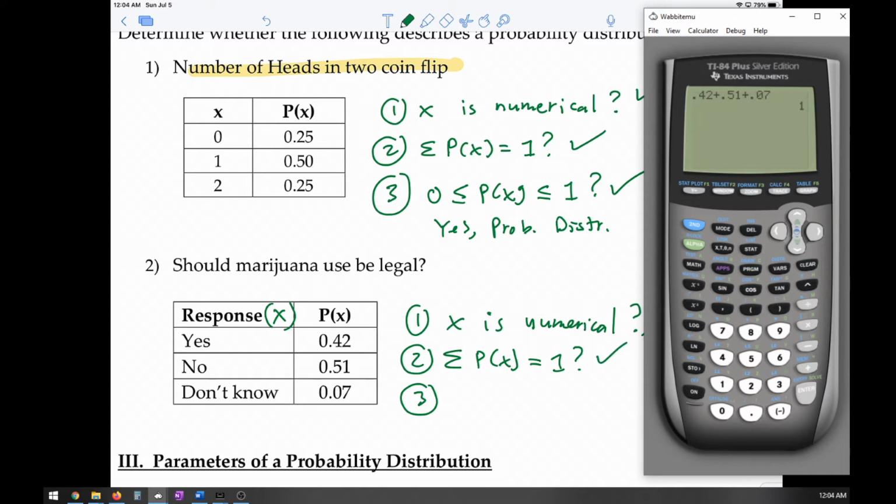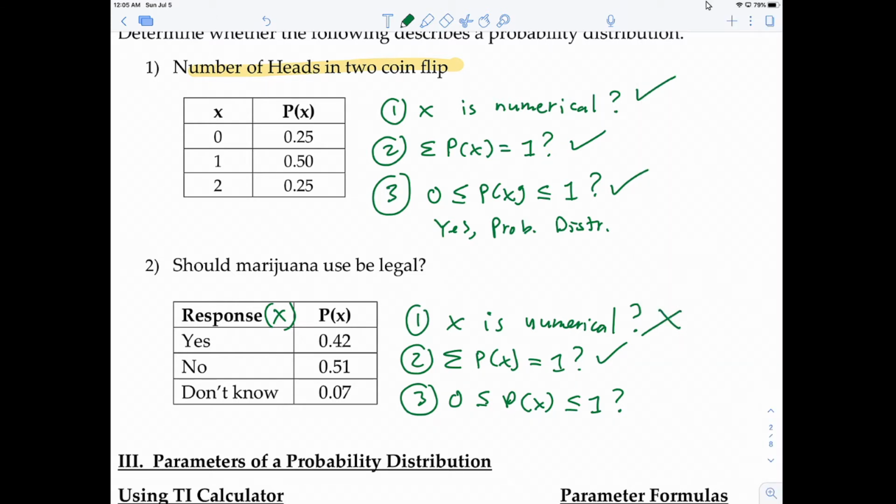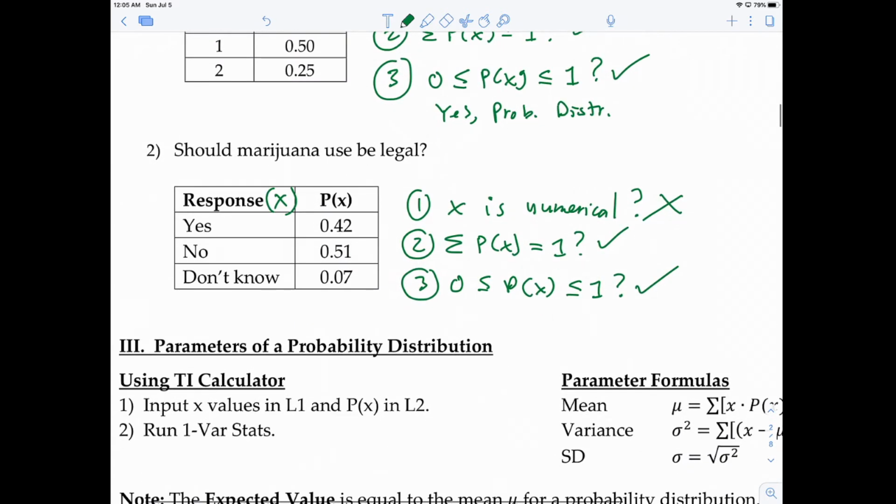The third requirement says the individual probabilities have to be between 0 and 1, in other words true probabilities. Is 0.42 between 0 and 1? Yes. Is 0.51 between 0 and 1? Yes. Is this one between 0 and 1? Yes, so that one checks out. But we know that this is not a probability distribution because it fails the first requirement.